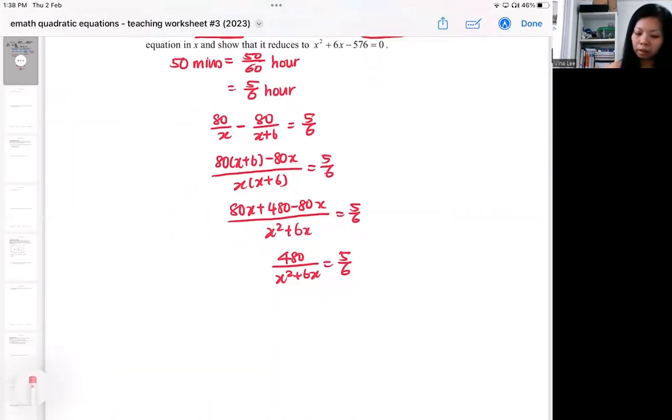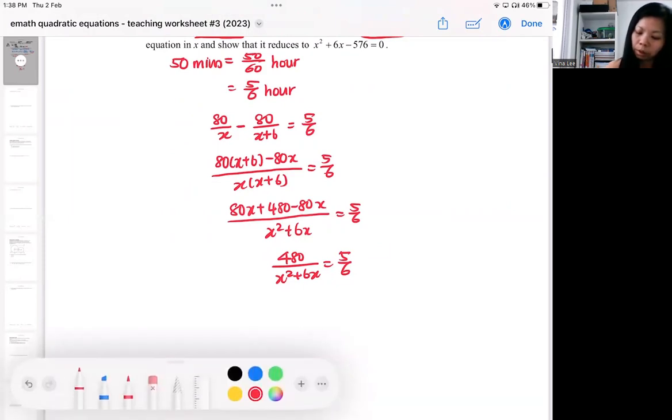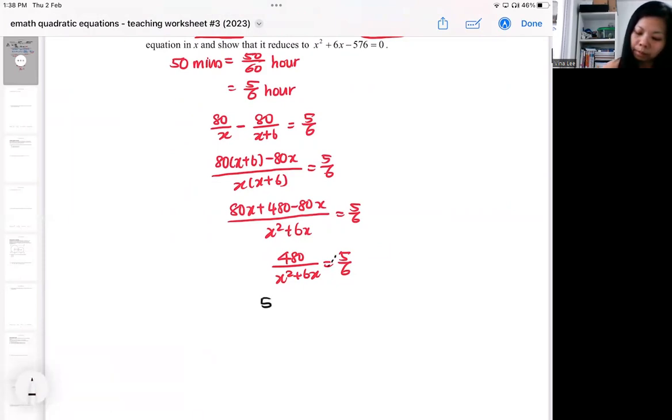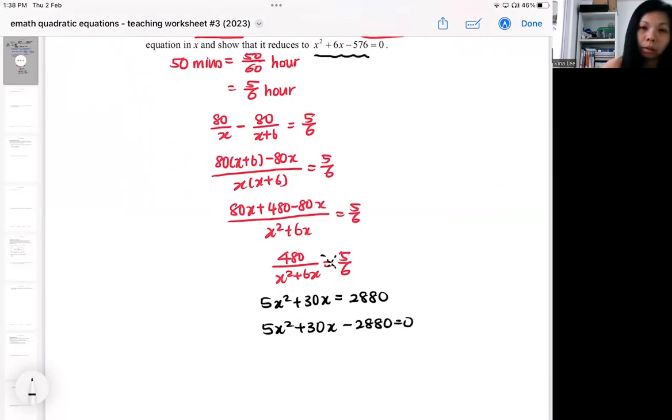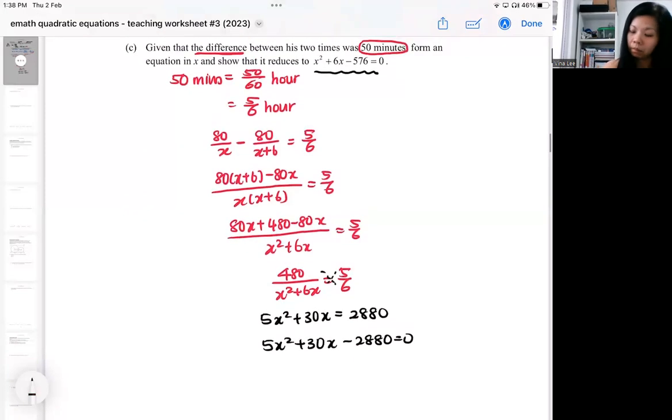So once you hit the single fraction, the usual steps will be to cross multiply. Cross multiply and bring over. Okay, when you cross multiply and bring over, if you realize that it doesn't look like the equation that you wanted, you can look at the difference. It's actually a divide by 5. So you divide by 5 on both sides, and eventually it will get you to the same equation.